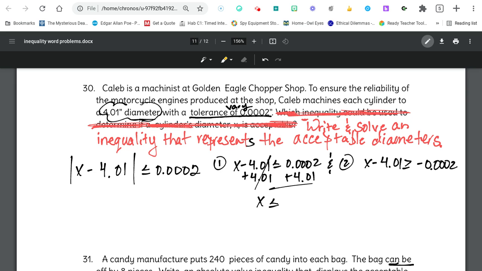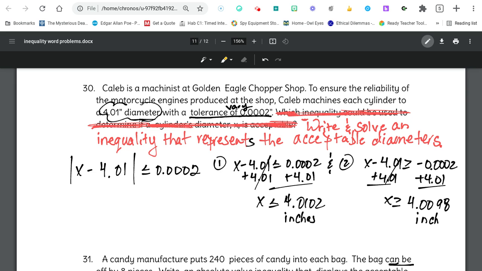So you got 4 1/100 plus that 2/10,000ths less than or equal to 4 1/100 2/10,000ths, and it's in terms of inches, guys. Okay. Here, add that to both sides. 4 1/100 minus that 2/10,000ths is 4 98/10,000ths, but put inches.